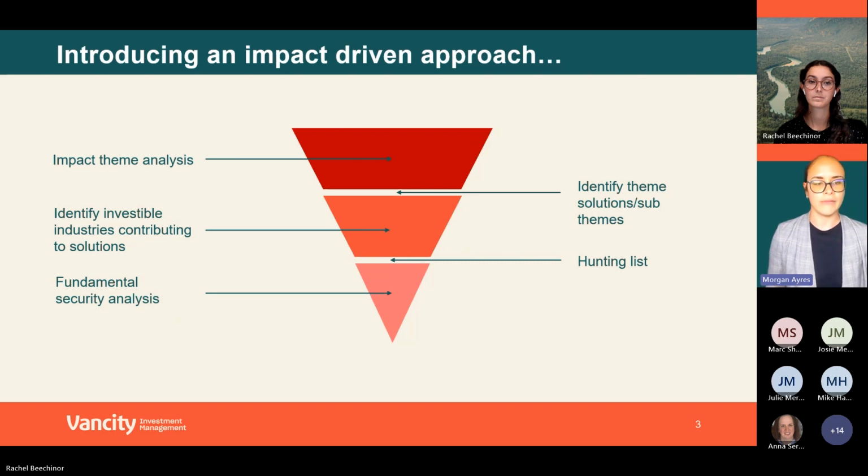At a very high level, we identify impact themes with long-term potential, narrow that down further with sub-themes to ensure that we're building out themes with investable universes, which then allow us to create a hunting list of potential companies, which we then put through our fundamental and ESG checklists.